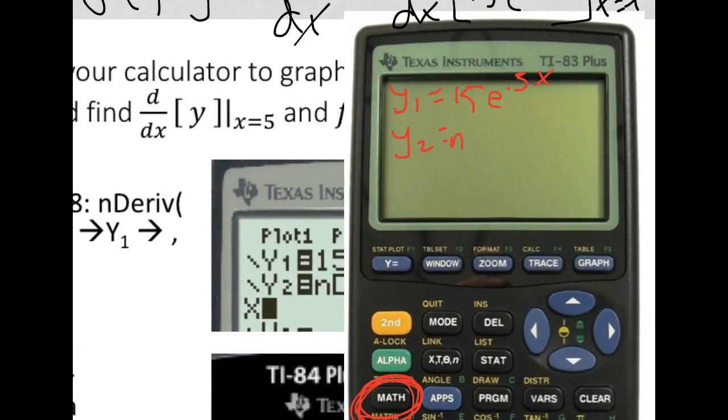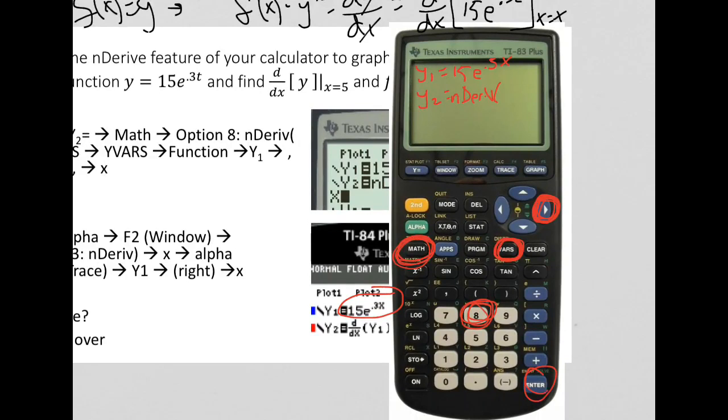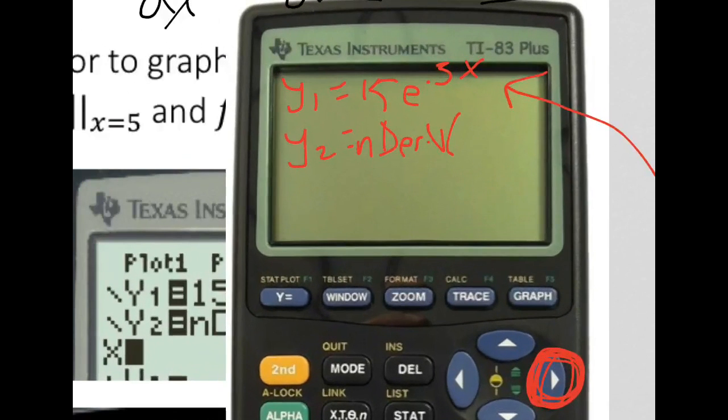It'll print nDeriv on your screen like that. Now you want to go to the vars button right there. You want to go over to the Y-VARS function, and you want to select y1 because we want to take that y1 function and take the derivative of it. So it'll print that there.